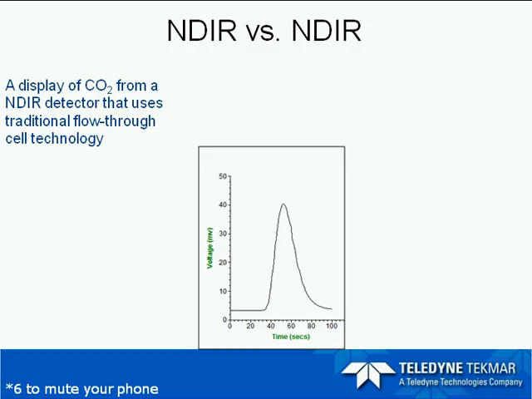Now I want to spend some time on the detectors themselves: flow-through cell versus a static pressure detector. This is very important because there are two different technologies at use here, and I want to give you a good understanding of how they're different.